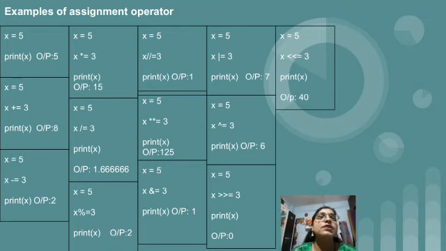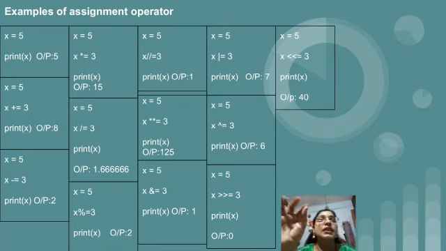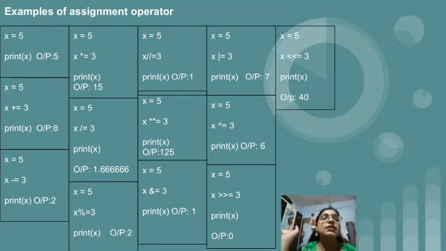Similarly, multiplication is there, 5 into 3. Division is there, where we divide 5 by 3, so 3 ones are 3 and the answer will be 1.6666. After that the modulus operator gives you the remainder, so 3 ones are 3, and 2 will be the remainder. That is why the answer of modulus is 2.